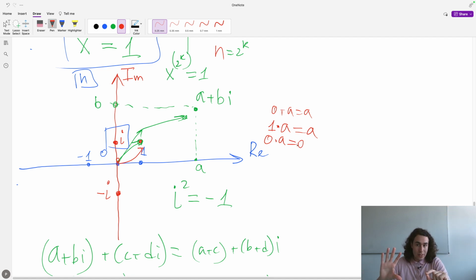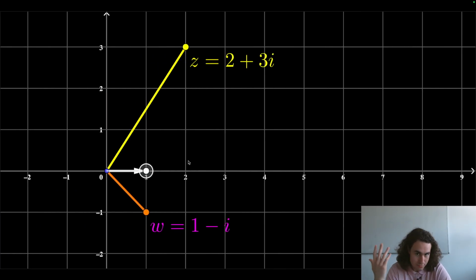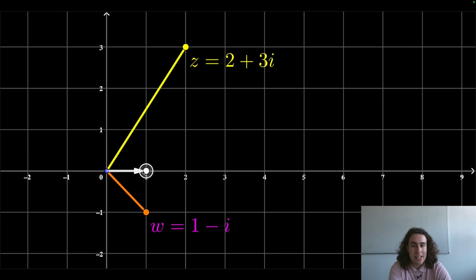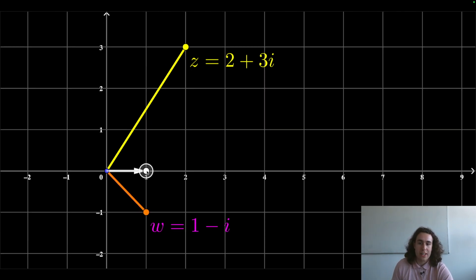I have my number 1, I need to move it to some place on the plane, right? So I need to somehow rotate it and then stretch it. And for that, there is a great animation. I showed it last time, I will show it again, right? So we have this number 1, and if I move it somewhere, it represents scaling, so multiplying all the numbers by this value, right?